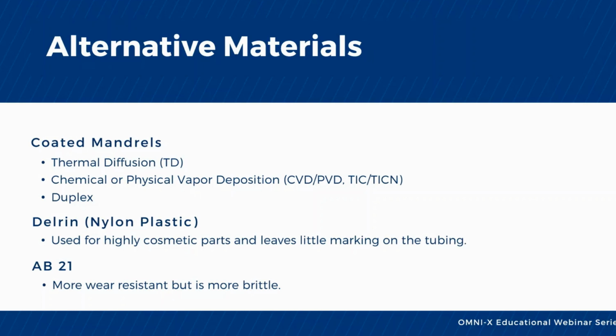Chemical or physical vapor deposition, CVD or PVD coating, is a coating that is applied in a lower temperature environment but can offer some increased lubricity that TD coating normally doesn't have. Typical CVD and PVD coatings you may be familiar with are TIC, TICKN, and DLC. There is occasionally a bond strength issue since this is just layered on the outside of the part, but under normal use it isn't a major concern.